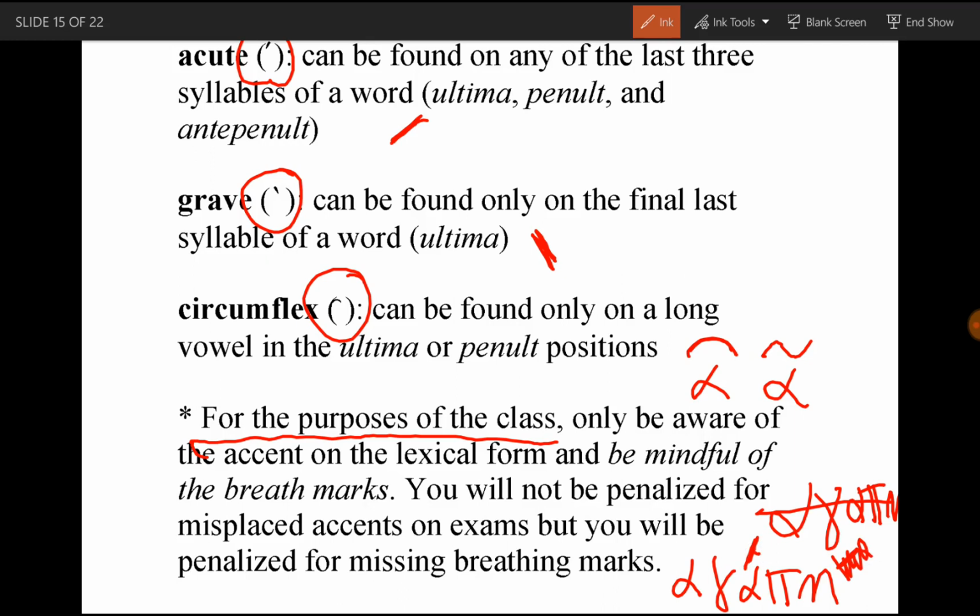So it's agape, agape. So the stress does help you pronounce the words correctly, but that's really the only purpose that we need to worry about. When you spell words, though, it's very important that you include the breathing marks. So without the breathing mark, technically you have not spelled the word correctly. So make sure that on exams and tests you include the breathing mark.